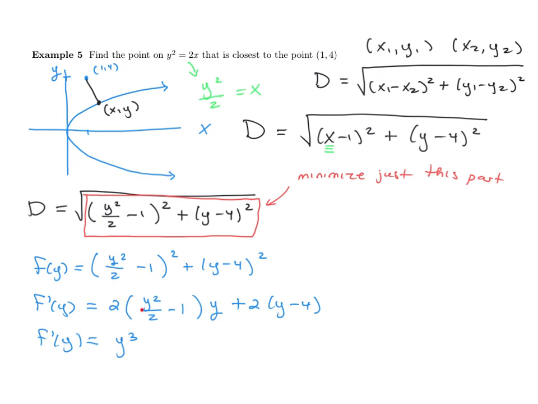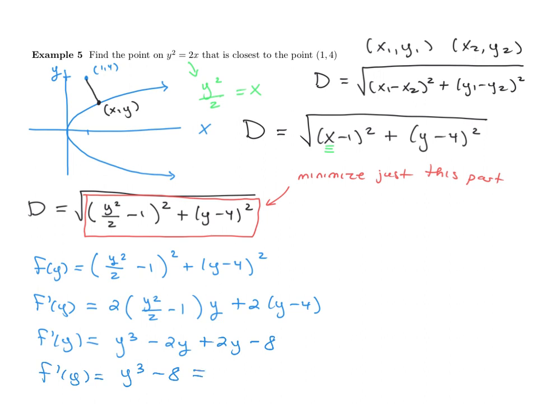Again, the 2 here cancels with this 2, and this y brings the exponent up from a 2 to a 3. And then we get minus 2y. Again, if there's a 1 here and you multiply a 2 and a y to it, the minus stays and you'll have now 2y. Here, if you distribute in the 2, we get plus 2y and then minus 8. So f prime of y is actually y cubed minus 8.